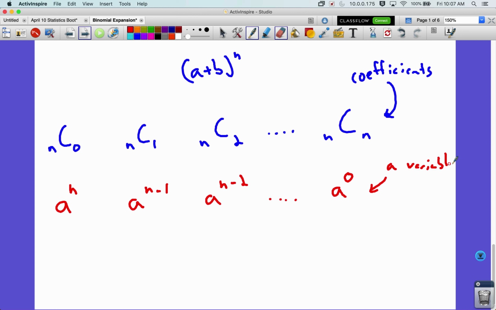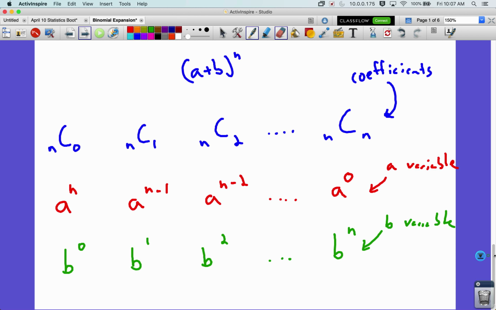I know this looks kind of messy when it's all just variables, but when we practice with actual numbers, it makes a lot more sense. So for our b variable, it starts with no b's, b to the 0th, and then b to the first, and then b to the second, all the way up to b to the n.